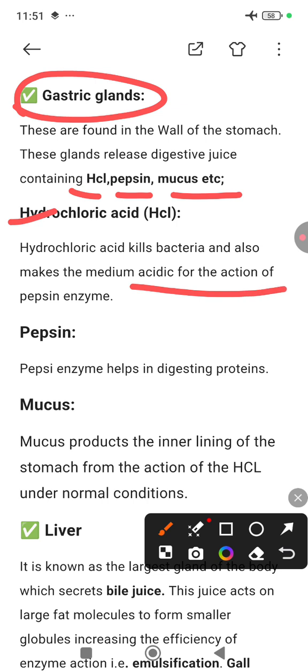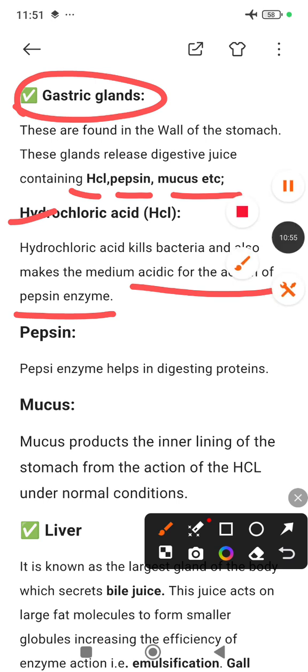Pepsin enzyme is released along with the HCl and mucus from the gastric glands, and pepsin does its work only in an acidic medium. That's why HCl makes the medium acidic for the action of the pepsin enzyme.